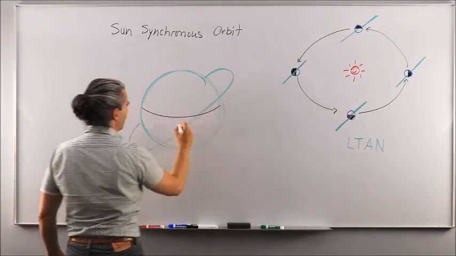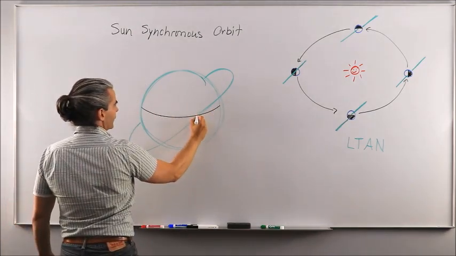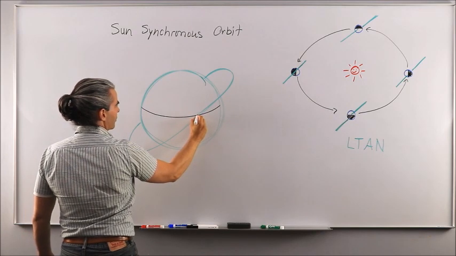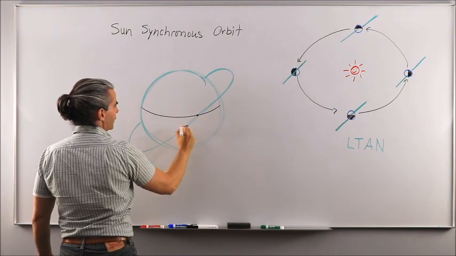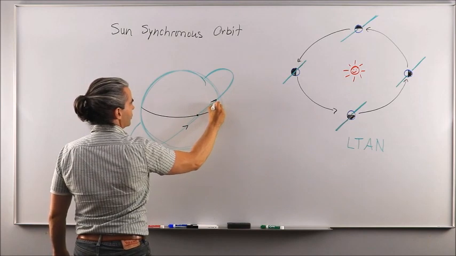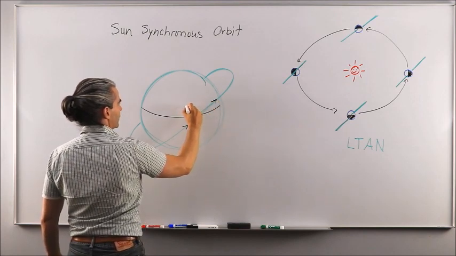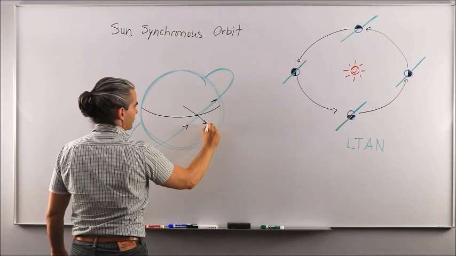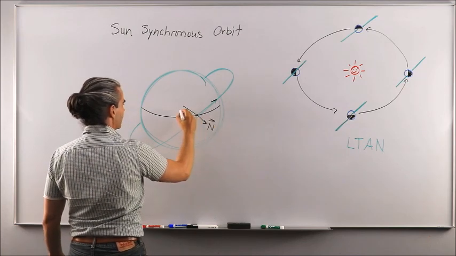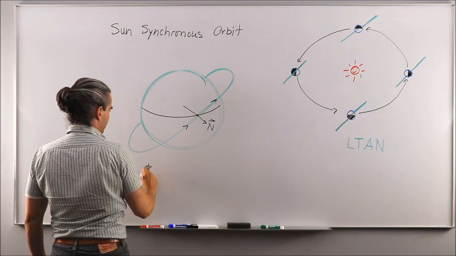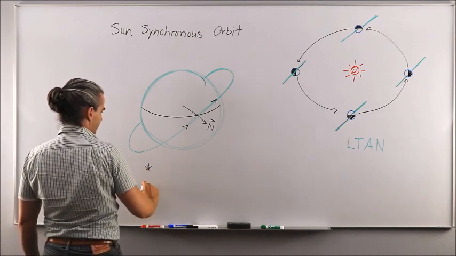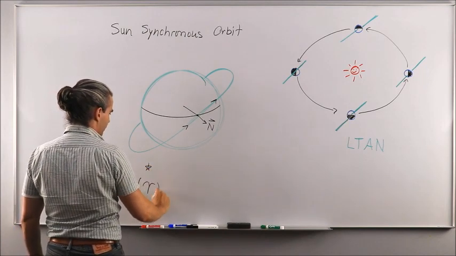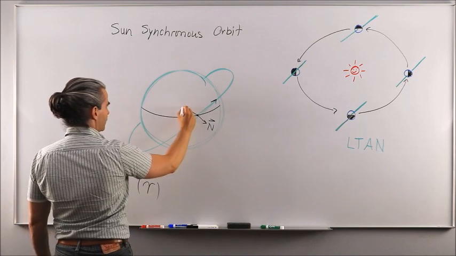And the equator of the Earth. This is where the orbit crosses the equator from south to north. So then we call this direction the ascending node, which is our n vector. And say the star of interest Aries, in the direction of the vernal equinox, is somewhere over here.